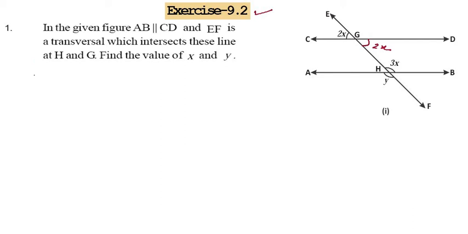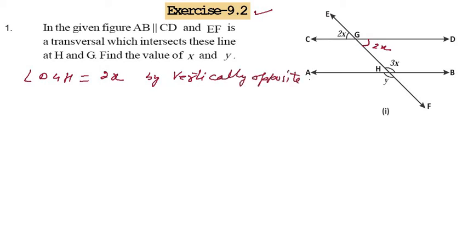So angle BGH will be equal to 2x by vertically opposite angle. These two angles are vertically opposite, so this is also 2x.